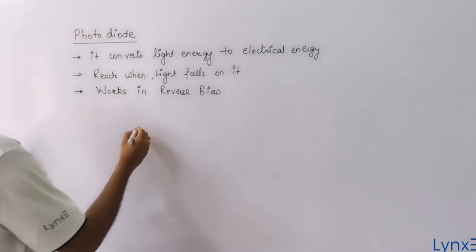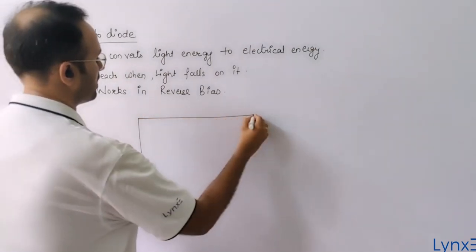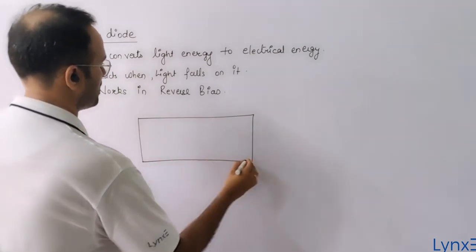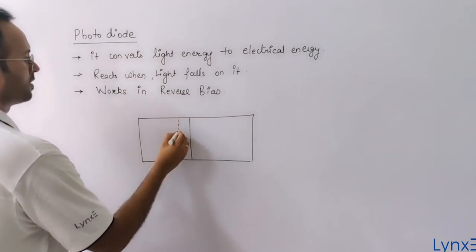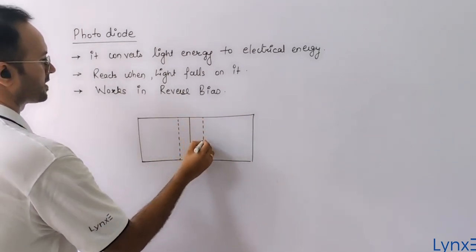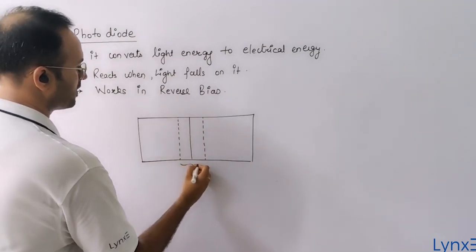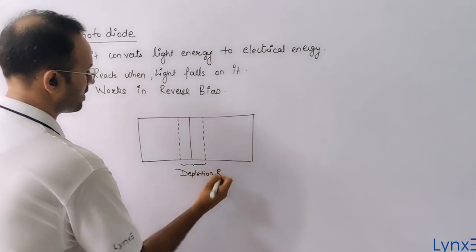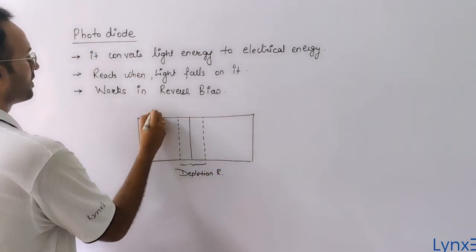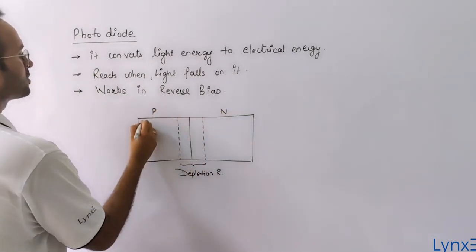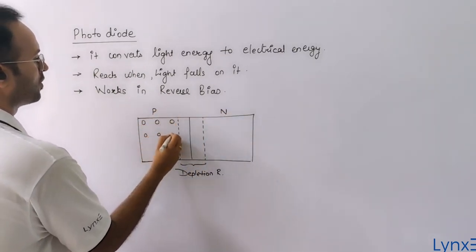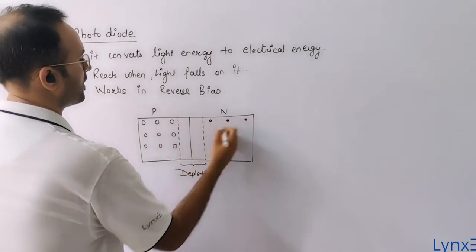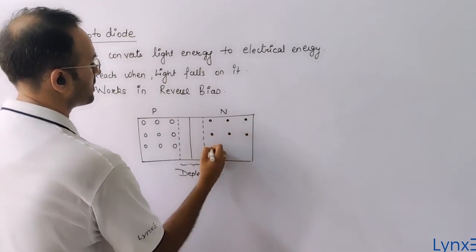Let's make a PN junction diode first. This is the depletion region, where this is P and this is N. The P side has holes as majority carriers, and the N side has electrons as majority carriers.